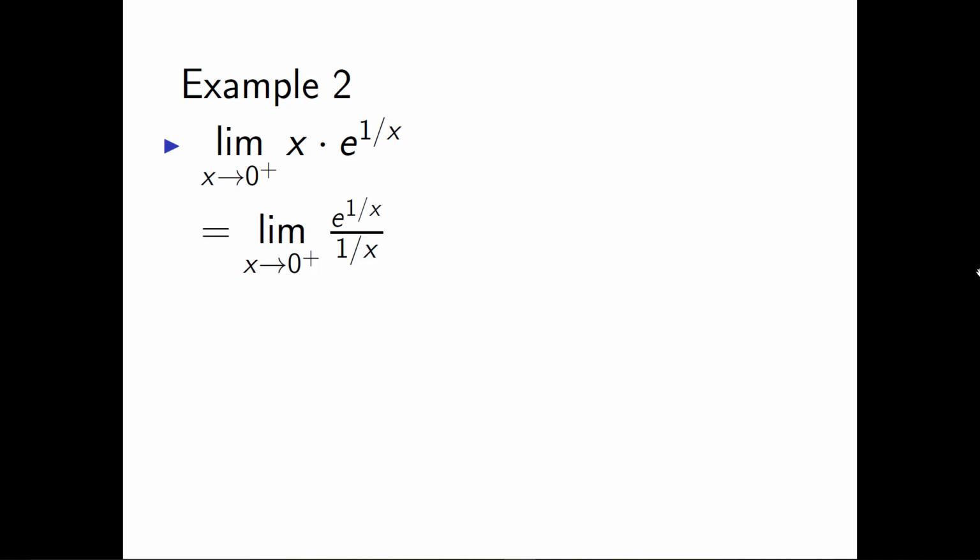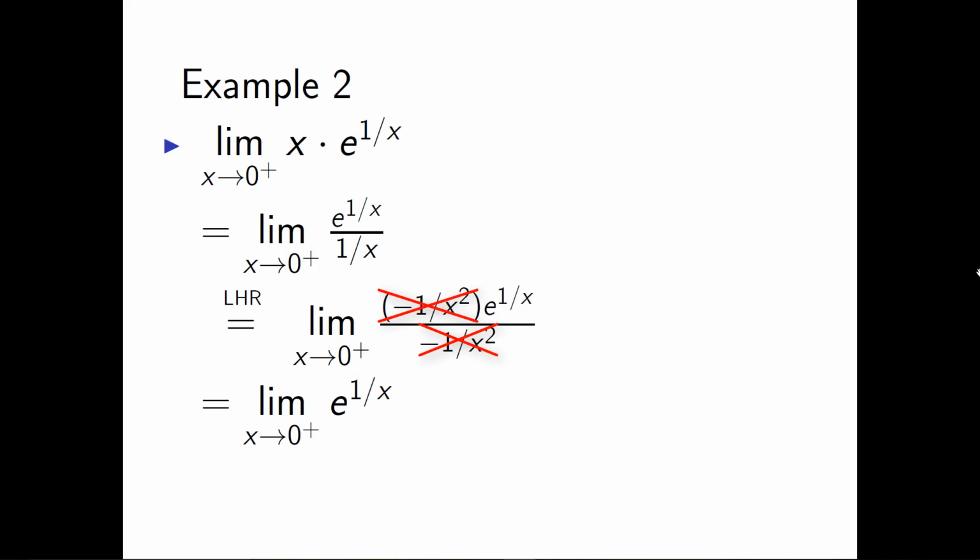But now we can apply L'Hopital's rule. We have to use the chain rule in the numerator and just differentiate the denominator. And so we use L'Hopital's rule there. We get minus 1 over x squared times e to the 1 over x. That's the chain rule piece. And in the denominator we get minus 1 over x squared. And of course, there's a nice little cancelling out we can do.